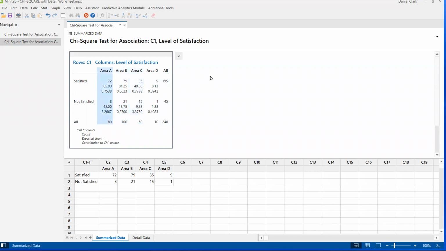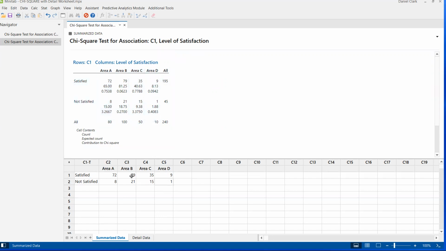So if I am looking for a clue as to what kind of action I need to take, in area A, I'm seeing more satisfied customers than expected. In area C, I'm seeing fewer satisfied customers than expected. Those might be the areas to look at. What am I doing right in area A? What am I doing wrong in area C? And then go to work.